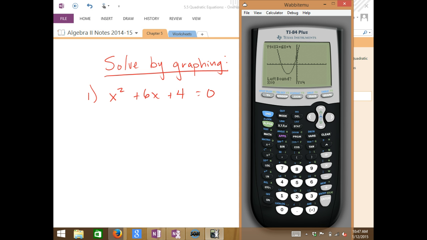Now we are going to use our left and right arrows to move the cursor along the function. I am going to put my cursor as close as I can to the intercept furthest to the left. This is going to take a little bit because the tablet is a little bit slow. But we're just putting our cursor on that left intercept.